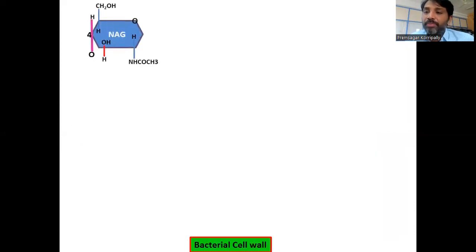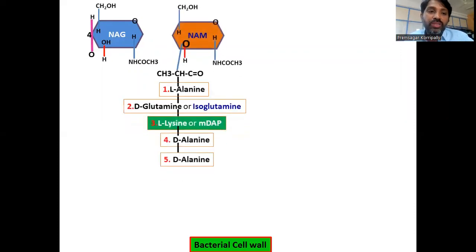As you all know, peptidoglycan consists of polysaccharides. Each polysaccharide is a polymerized disaccharide. Each disaccharide consists of NAG and NAM, N-acetyl glucosamine and N-acetyl muramic acid. N-acetyl muramic acid has a pentapeptide at the third carbon.